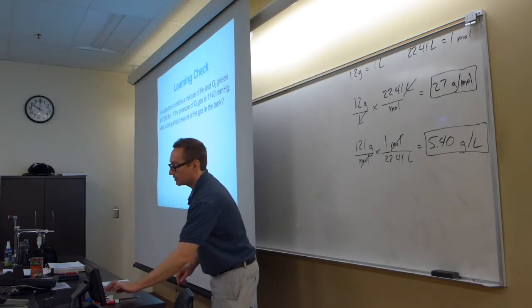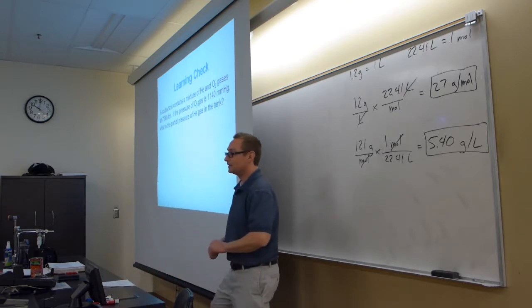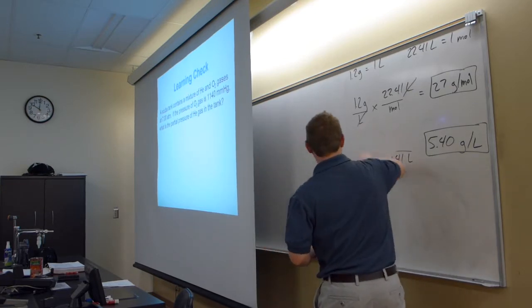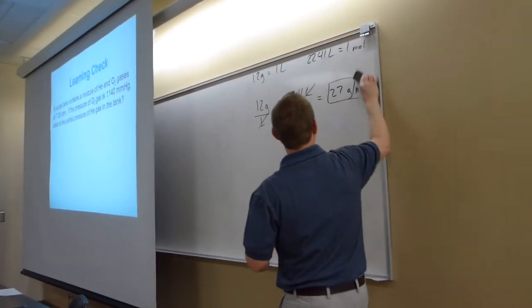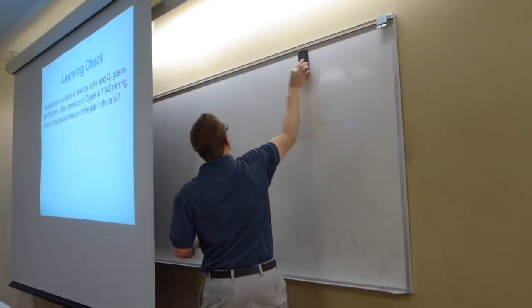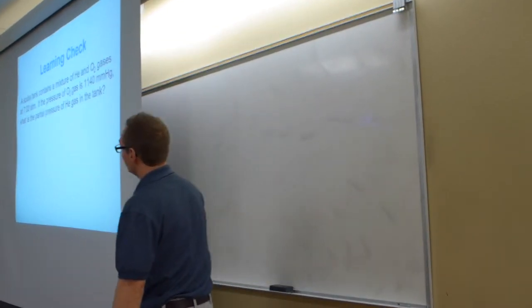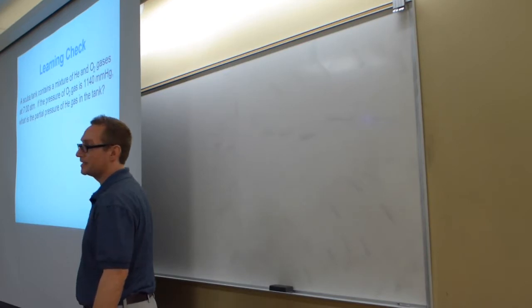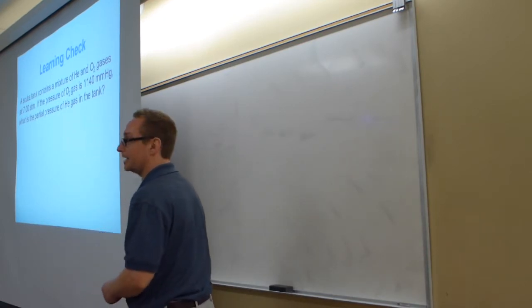What might be a starting place? Convert what to what? I could convert the ATMs to millimeter mercury, or I could convert the millimeter mercury to ATM. I'm going to convert the millimeter mercury to ATM.